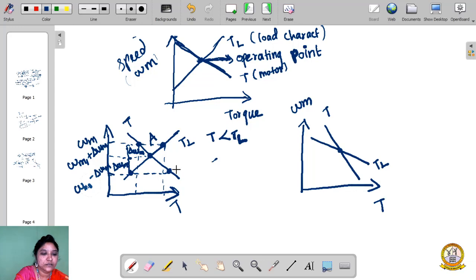Here the motor torque is now more than the load torque. If the motor torque is more than the load torque, the speed will increase. The speed of the motor increases and it reaches the point A.